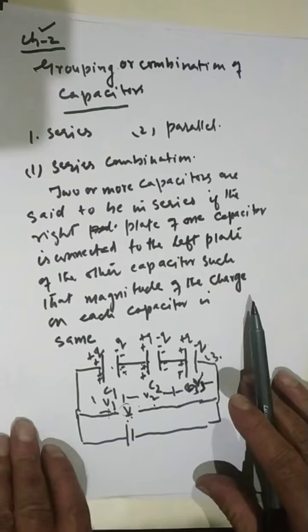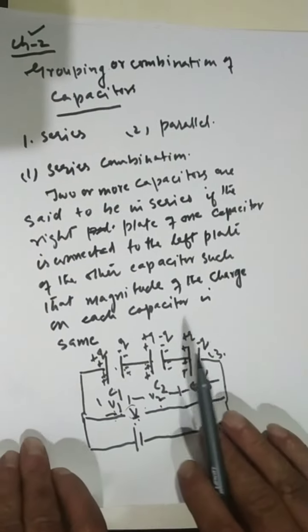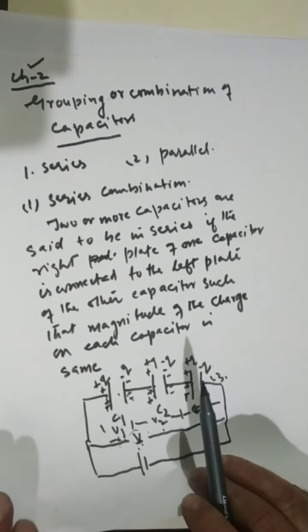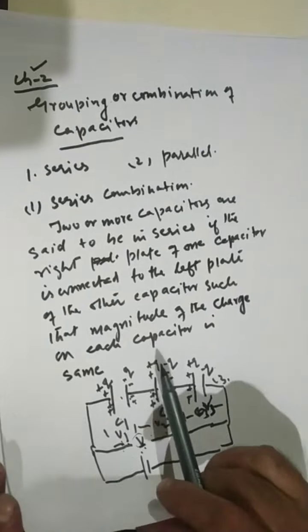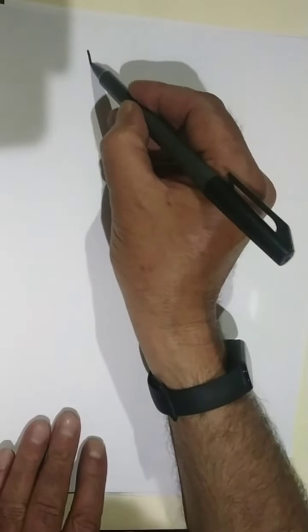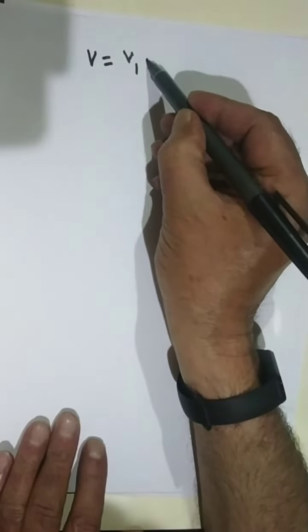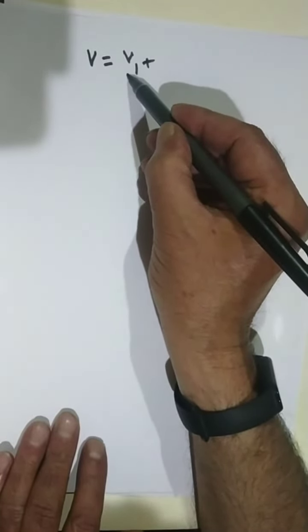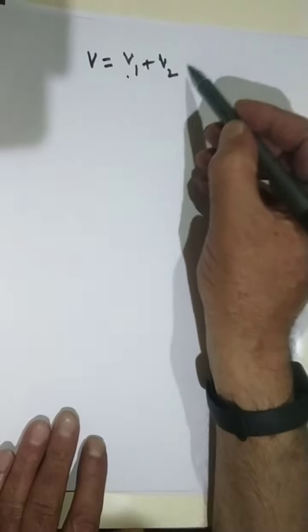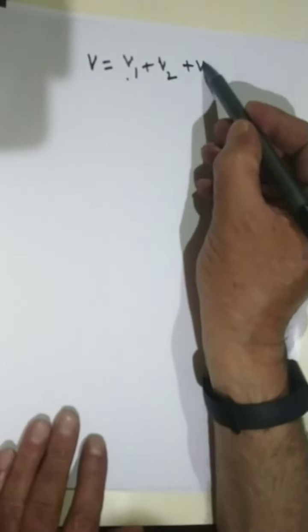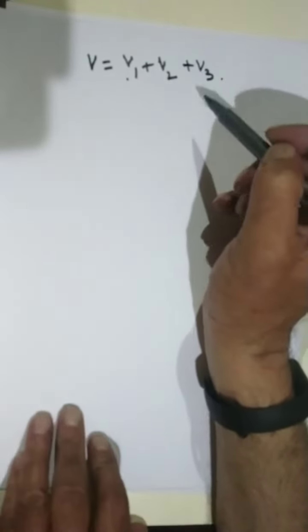Okay, so we apply this. What we will get now, V, the total potential across all the three capacitors, will be equal to V1, potential drop across first capacitor, V2, the potential drop across second capacitor, and V3, potential drop across third capacitor.